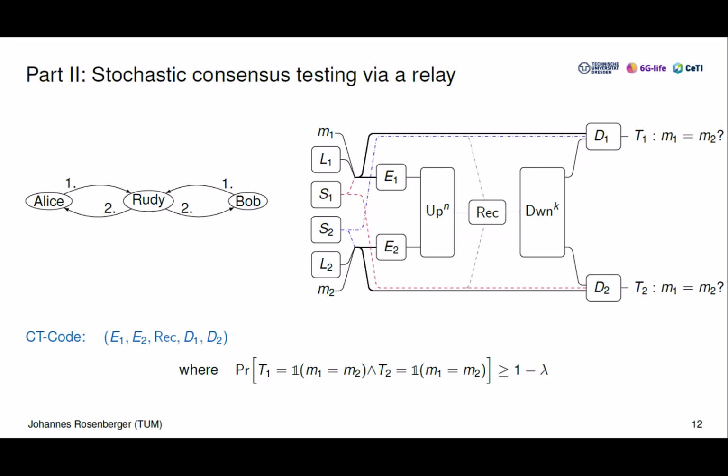And then the results suggest, together with the conjecture, that it may be optimal to just put a stochastic identification code on top of a decode and forward transmission code. Decode and forward is optimal here because we don't have direct channels.